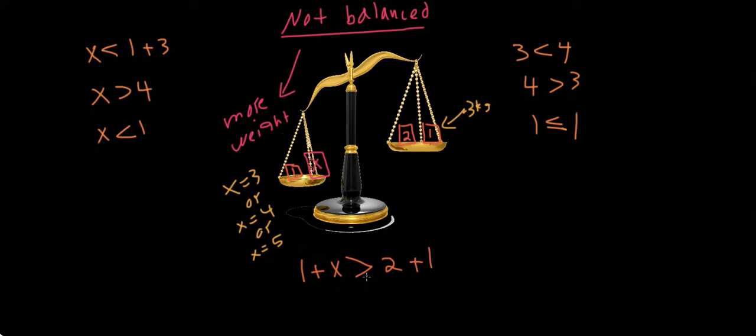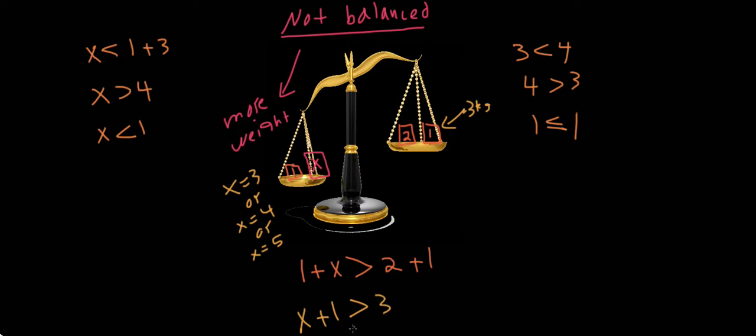So here, if we do the same thing as we just talked about, we can solve for x. Actually, let's simplify both sides first. This side is already simplified. 1 plus x, they're not common terms, so we can't add them. So that's simplified. Let's just rewrite it as x plus 1 is greater than 2 plus 1, which is 3.